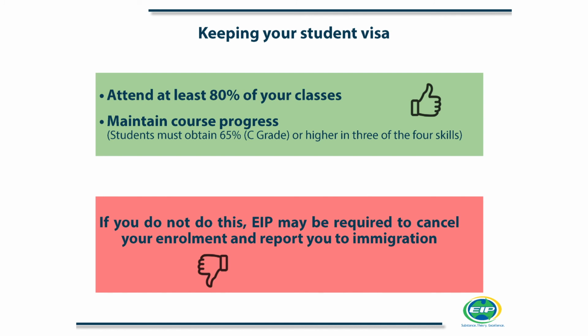Ideally, students who are passing the majority of their tests and moving up in level have no course progress issues. As mentioned before, if those two elements are not maintained, as in attendance and progress, you may have issues maintaining your enrolment at EIP and your student visa.